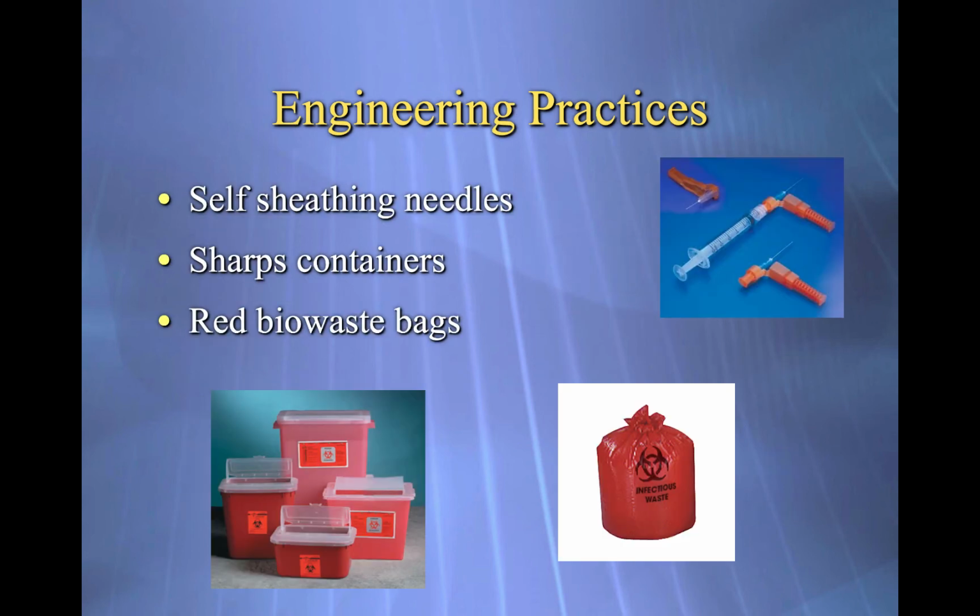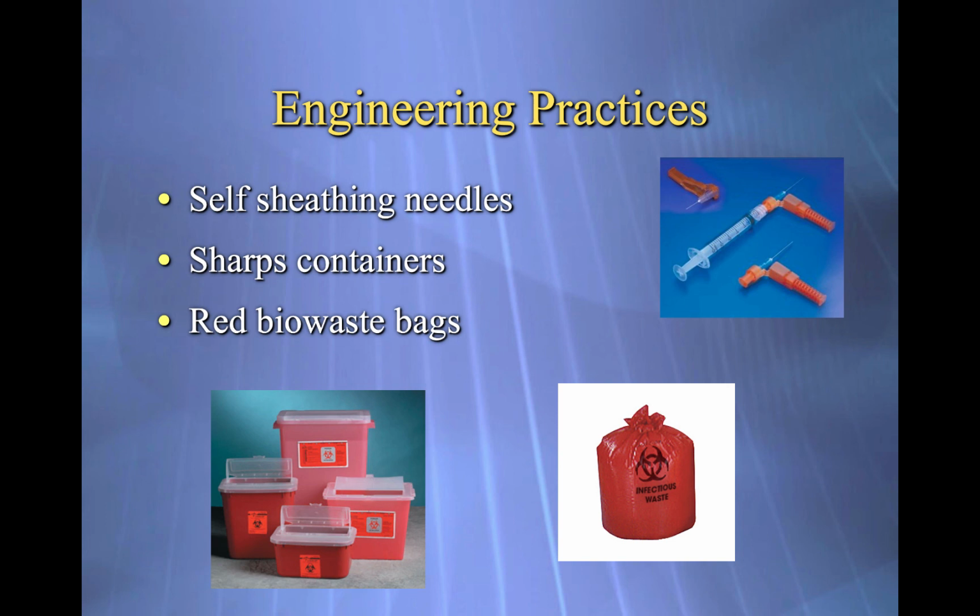OSHA sets up engineering practices to try and mitigate risks. So things like self-sheathing needles. When I first started, we didn't have these. And so now there's a whole slew of self-sheathing needles that prevent needle stick injuries, and we don't like people bending needles. Sharps containers: plastic, rigid, puncture-proof sharps containers. When I was a medical student, they were cardboard, thin cardboard.